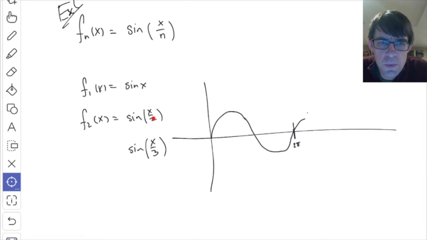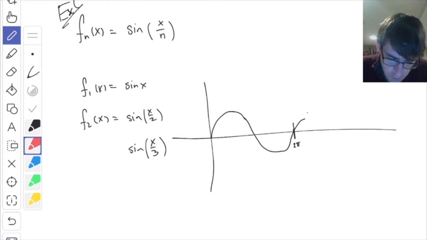When I divide on the inside of the function, that causes the x values on the graph to expand out. It's because you're dividing by 2 before you plug it in. What I'm going to see over here, for x over 2, I'll do this one in red.